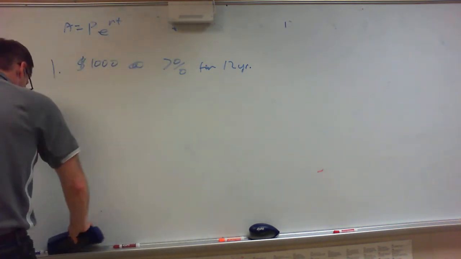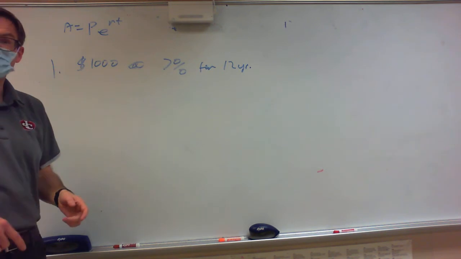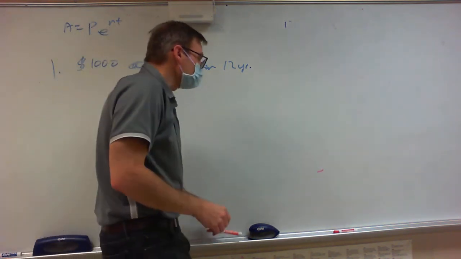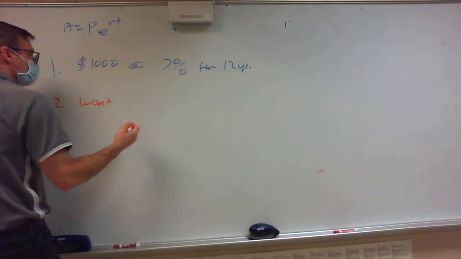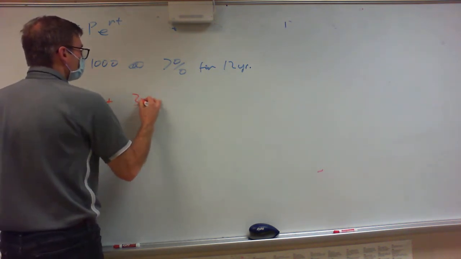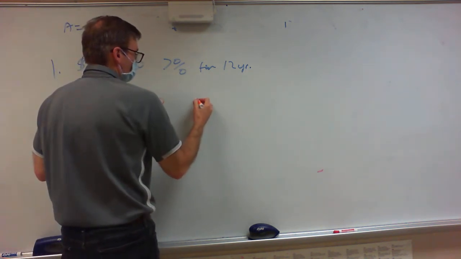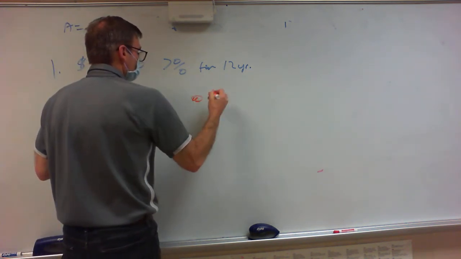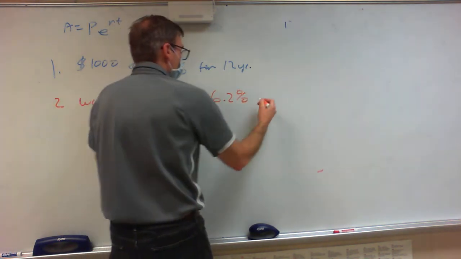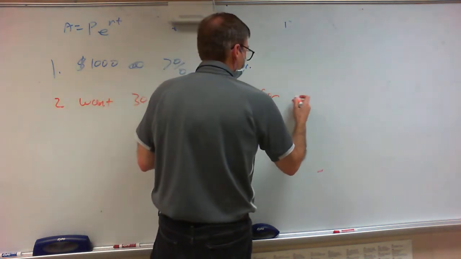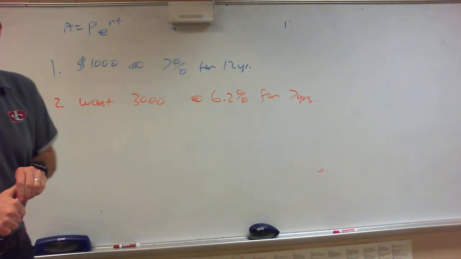All right, I said there are 4 types of problems that you have to be able to do. Are we okay with type 1? Okay. Type 2. I want $3,000, and I'm going to invest it at 6.2% for 7 years.